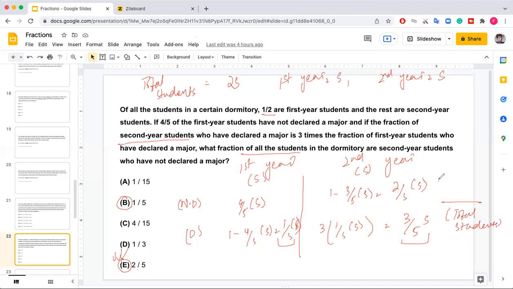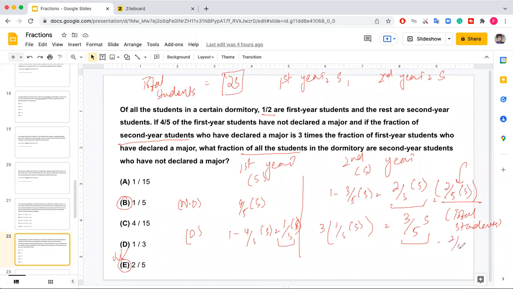So what will be this value? This will be the fraction of second year students who have not declared a major. Those are 2 by 5 of S, right? So total number of students is 2S, which we discussed at first.